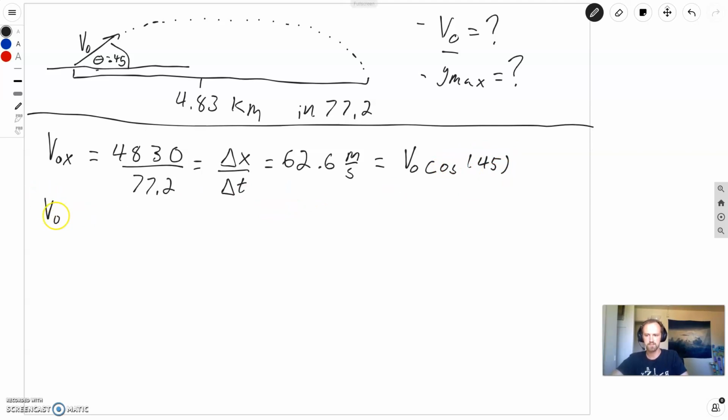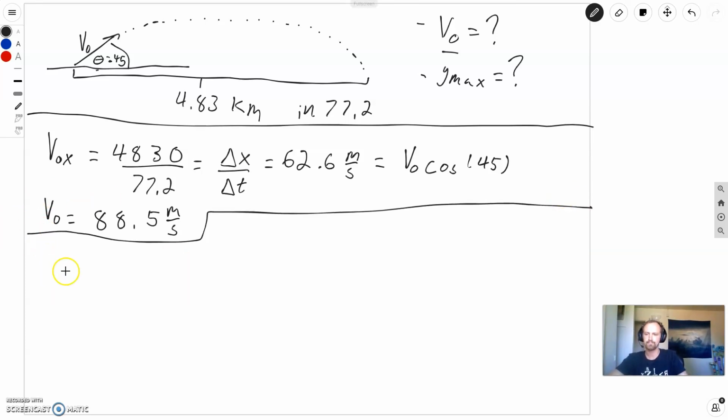So v naught equals this answer divided by the cosine of 45, 88.5 meters per second. So this is how fast it was hit in that diagonal direction. That's our first answer for this one.